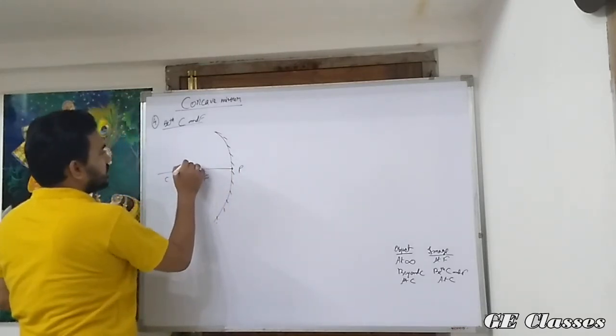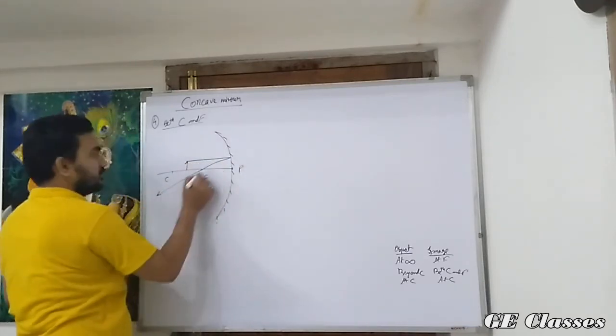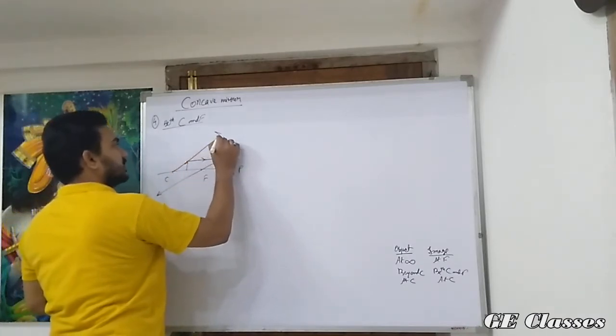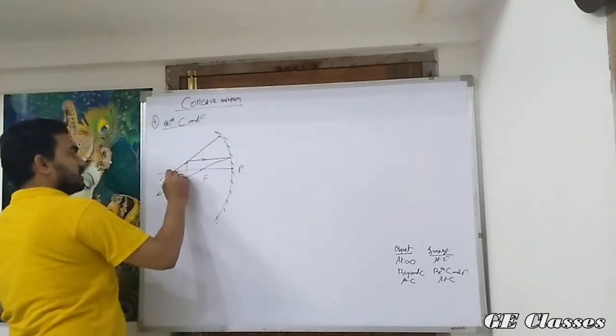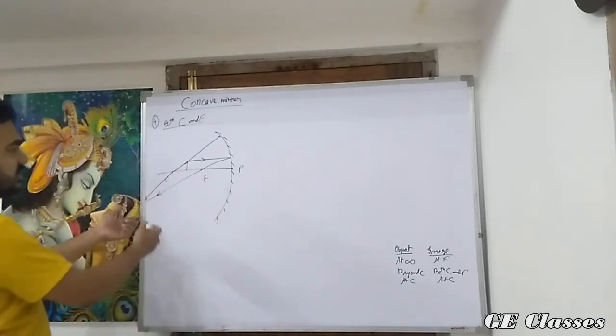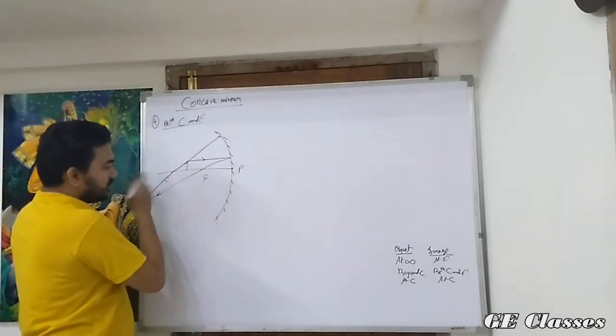We'll place it there. One ray goes parallel and comes out through the focus. The other will align along the direction of the center of curvature and then retrace. They will meet somewhere very near, not that far.